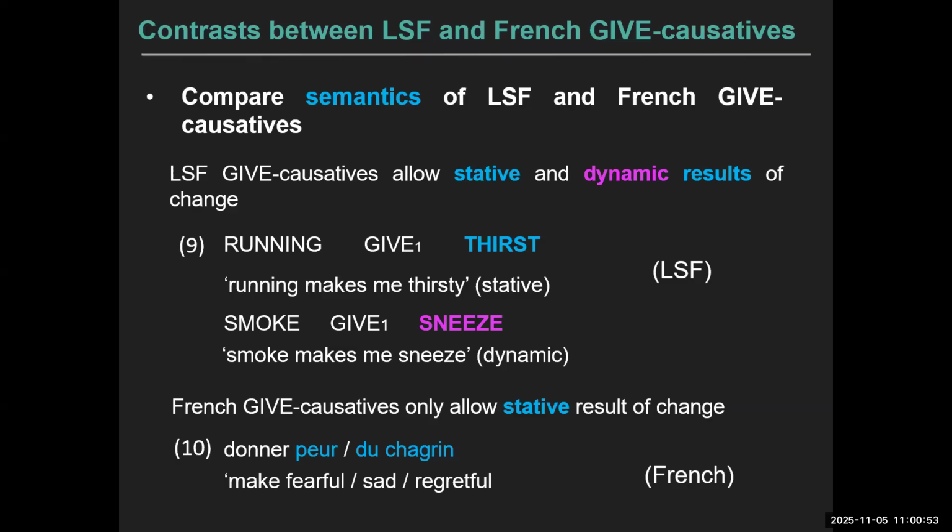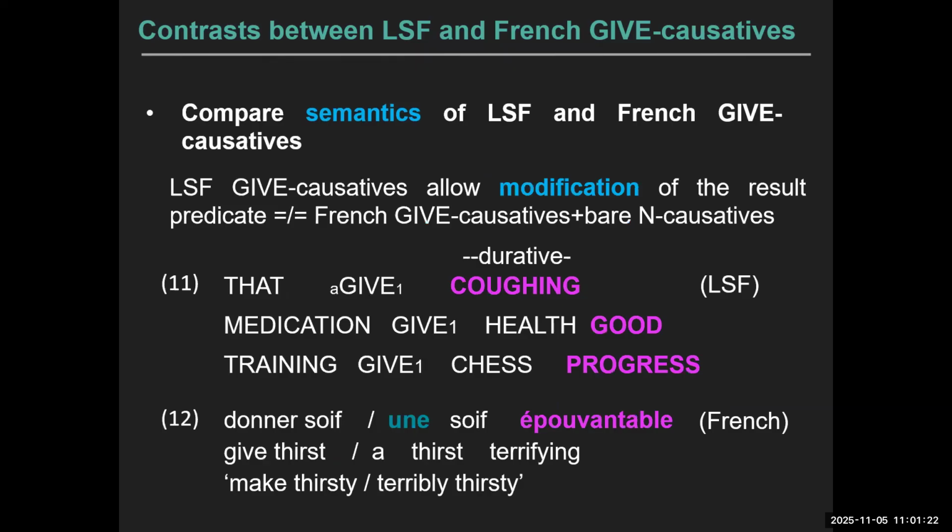And these are both stative and dynamic. But in spoken French, we only have donner as a stative, producing a stative result. So donner peur, du chagrin, so it makes me fearful or it makes me sad or regretful. So we can't actually say donner to give sneeze, right? To cause someone to sneeze.